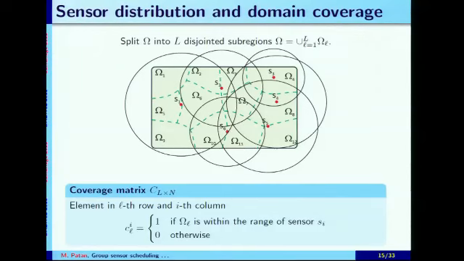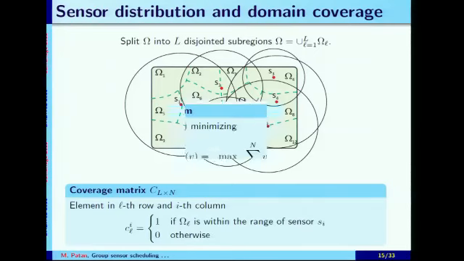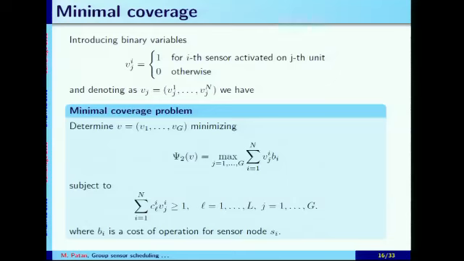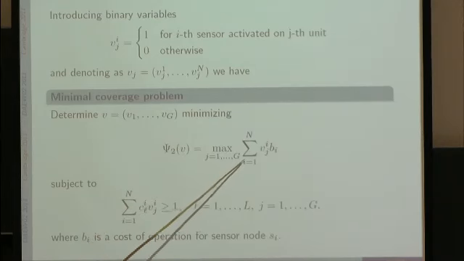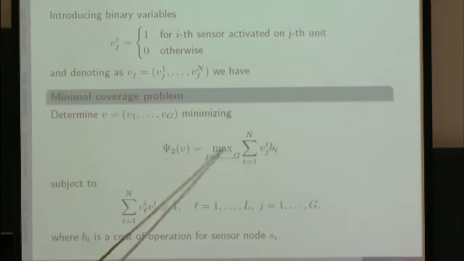Defining the coverage matrix, which is a binary matrix that takes the value 1 if some interesting subdomain lies within the range of the sensor and 0 otherwise. With such a simple binary matrix, we can build the minimal coverage problem as minimizing some maximal cost per each experimental unit.